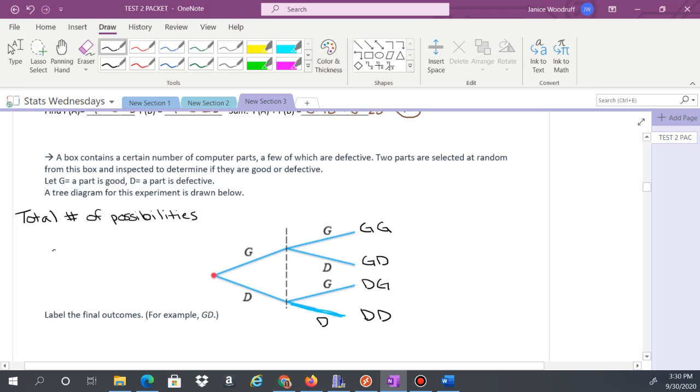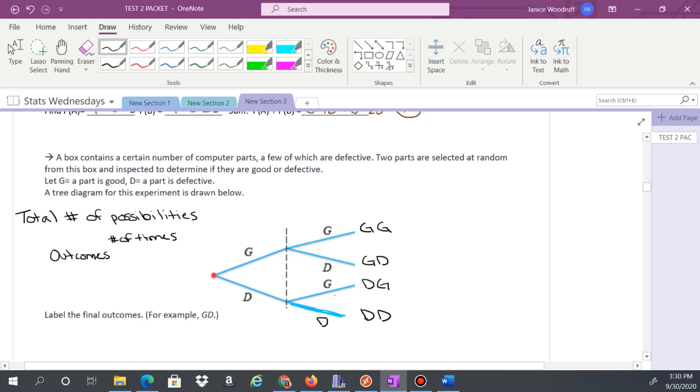So outcomes, and then the number of times as your exponent. Here I have 2 outcomes and I'm doing 2 pulls. So I get 4 total outcomes.